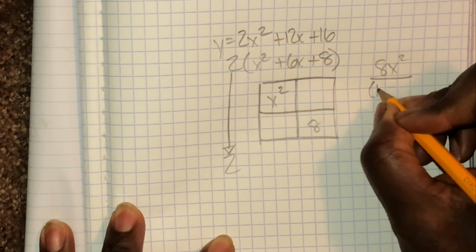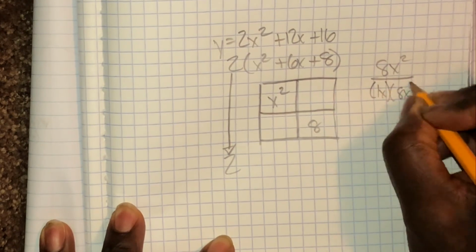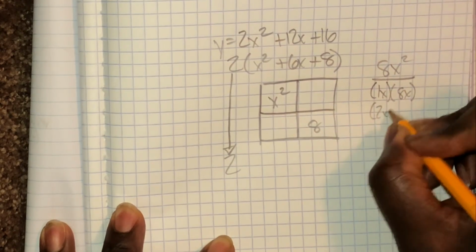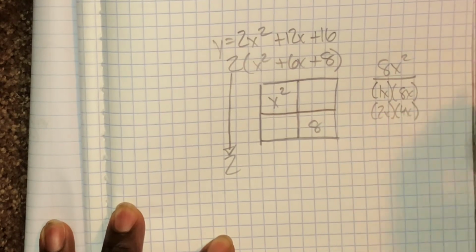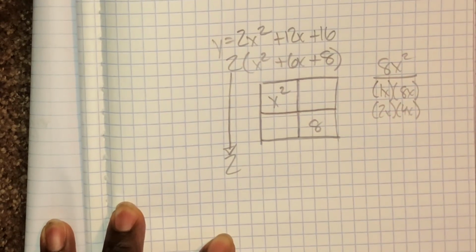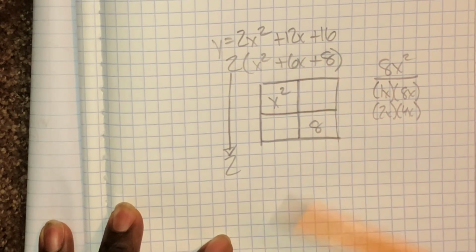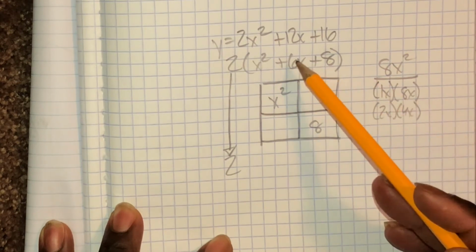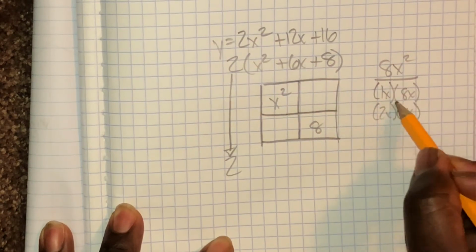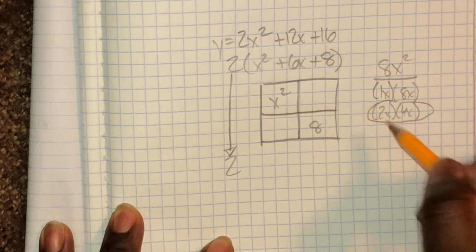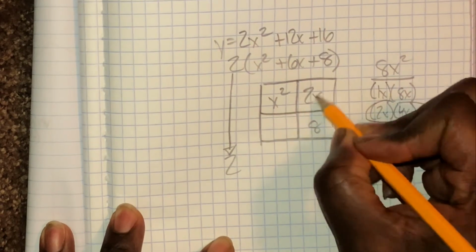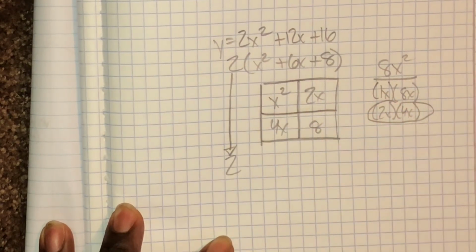We have 1x times 8x, 2x times 4x. One of these pairs will finish up my box because they're going to combine to get me 6x. 1x and 8x will not, but 2x and 4x will. So I have 2x here, 4x here.